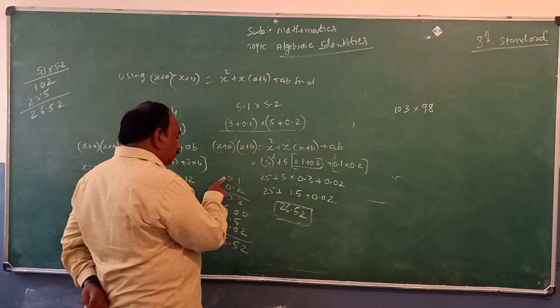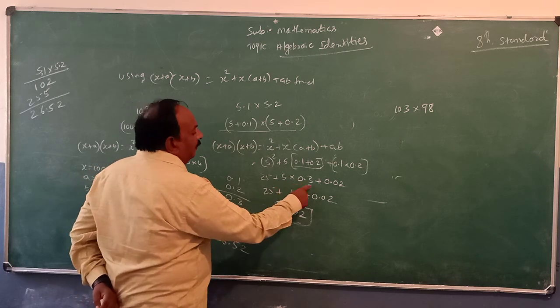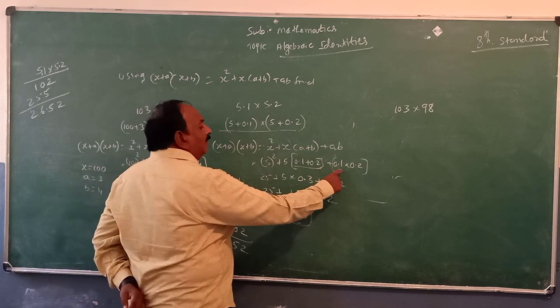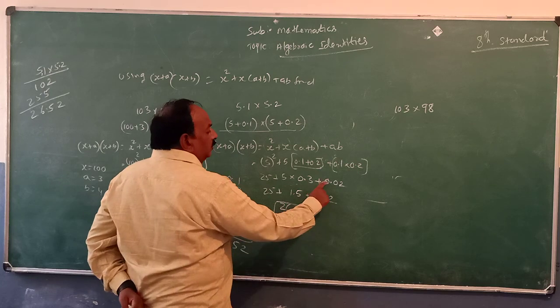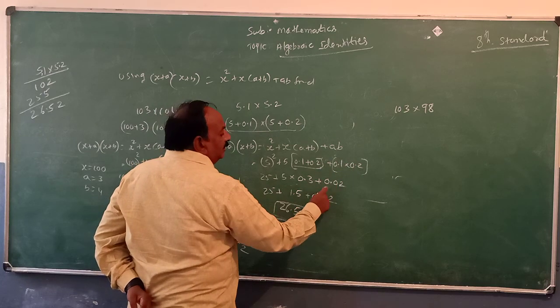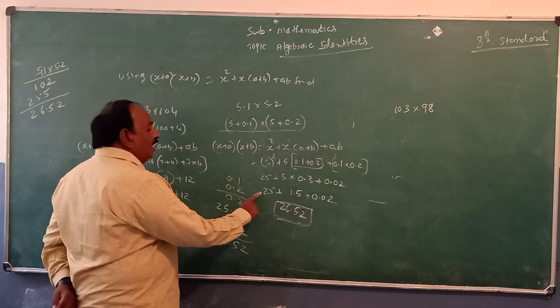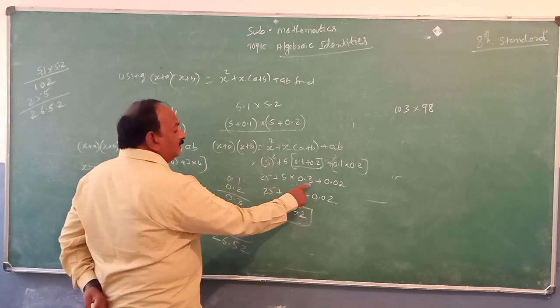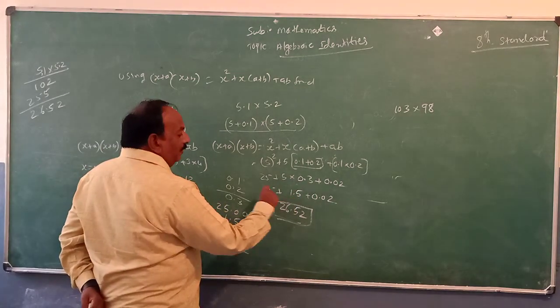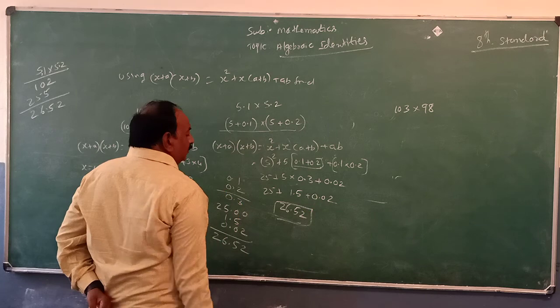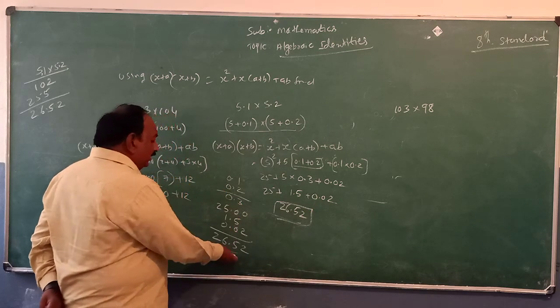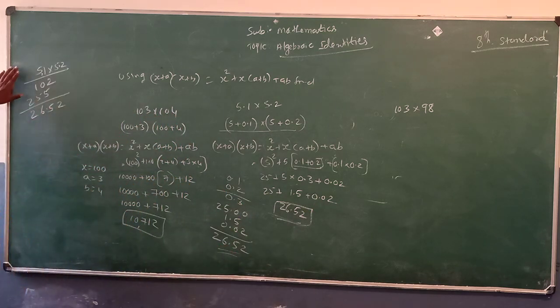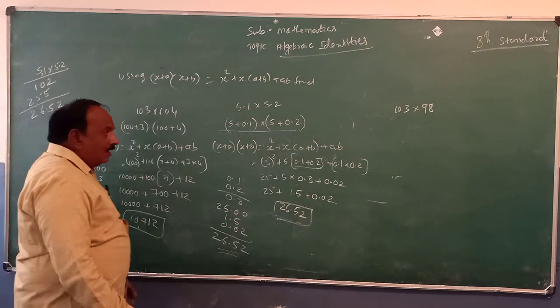When we add 0.1 plus 0.2, we get 0.3. 0.1 into 0.2 is 0.02. When you add 25 plus 1.5 plus 0.02, you get 26.52. When you make the ordinary multiplication without the help of the identity and verify, you get the same answer.